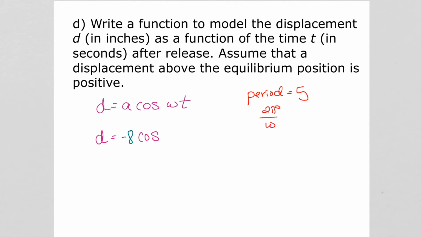So 2 pi over omega equals 5. 5 omega equals 2 pi, so omega is 2 pi over 5. So that's how you write a formula for simple harmonic motion given a situation.